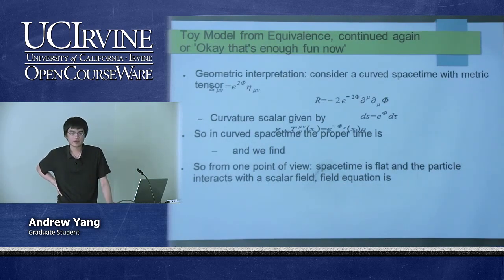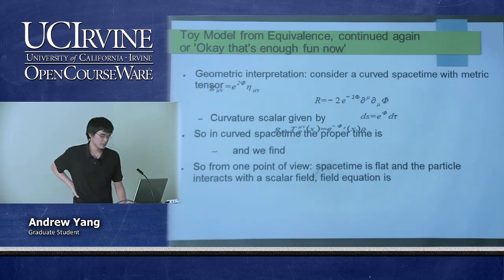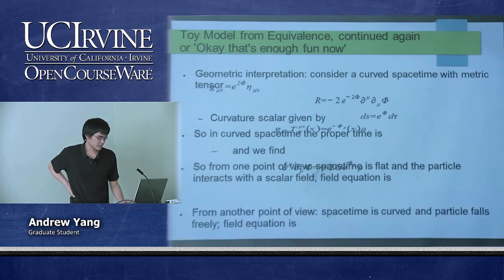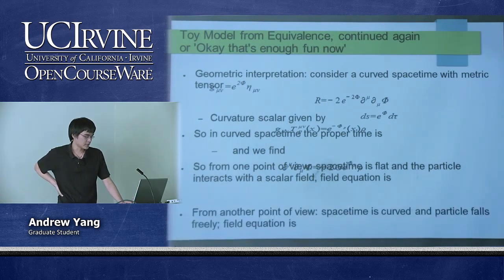So just by working in 2 dimensions, we can really quickly see that we have the point of view where the space-time is flat and the particle is interacting with a scalar field with an appropriate field equation. Or alternatively, we consider that space-time is curved and the particle is falling freely by the field equation R equals 4 times g times the metric times the energy momentum tensor.